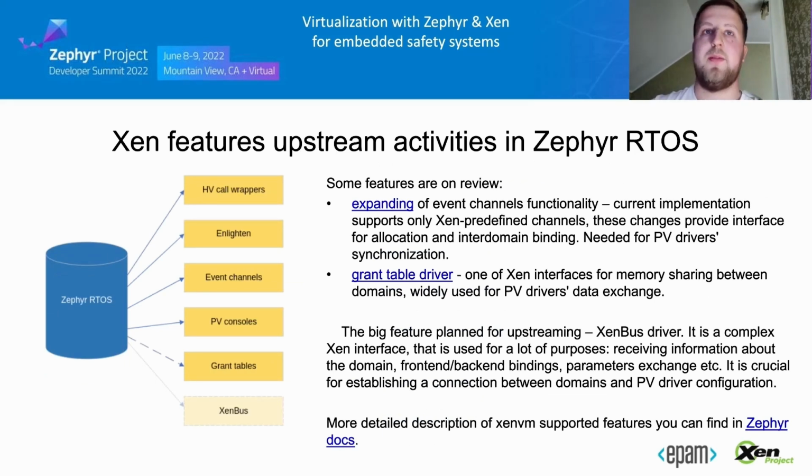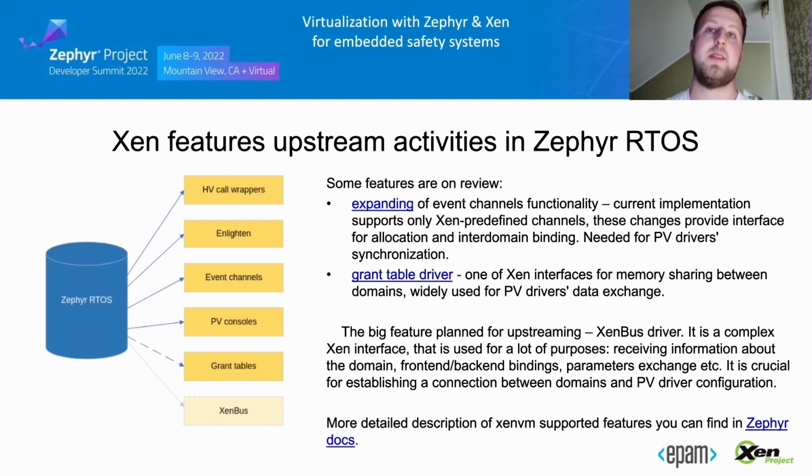Some of the Xen features are now on review, and one of them is the event channel driver improvement, which allows the user to allocate and bind inter-domain event channels. Previously this driver supported only Xen predefined channels. The second big feature is the Xen grant table driver.